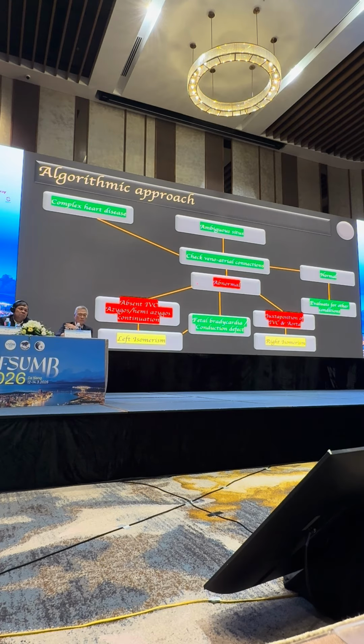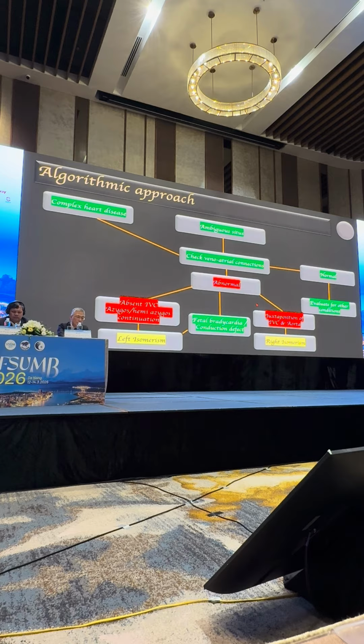If there is an abnormal veno-atrial connection where the pulmonary veins are not opening into the left atrium, and there are also a juxtaposed aorta and inferior vena cava, we are dealing with right isomerism. And in left isomerism, we will also find fetal bradycardia or conduction defects. And if the veno-atrial connections are normal, then we are dealing with something other than heterotaxy.